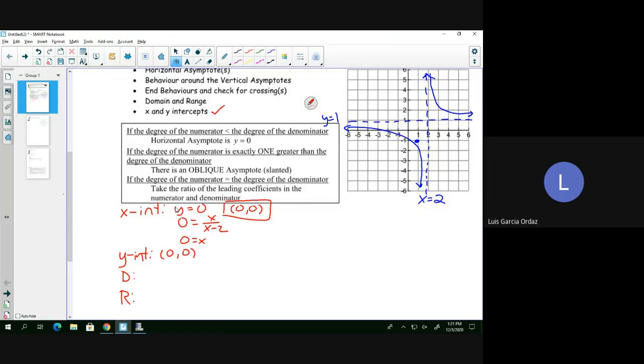So what would our domain and range be for this function over here? So our domain is x in the real numbers such that x cannot equal 2.